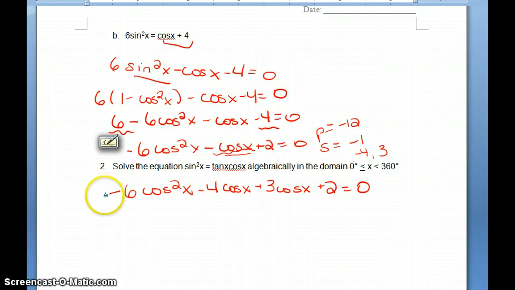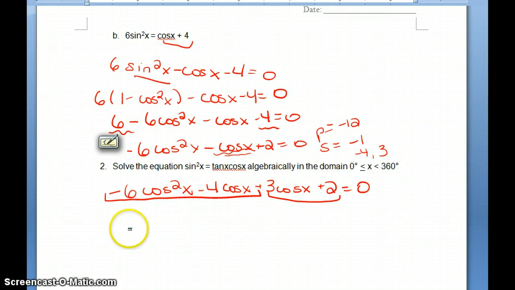If you remember decomposition, we're going to group these two factors together and these two over here. Okay, so here what do we have in common? We have a negative 2 cosine of x. And what we're left with when we pull that out is 3 cosine of x plus 2. And here we don't actually have anything in common that we can pull out, so we'll just have a plus, or you can do positive 1 if you want to see that.